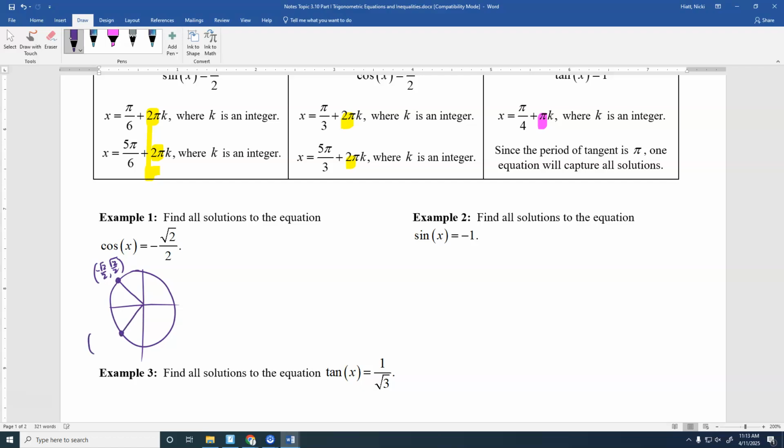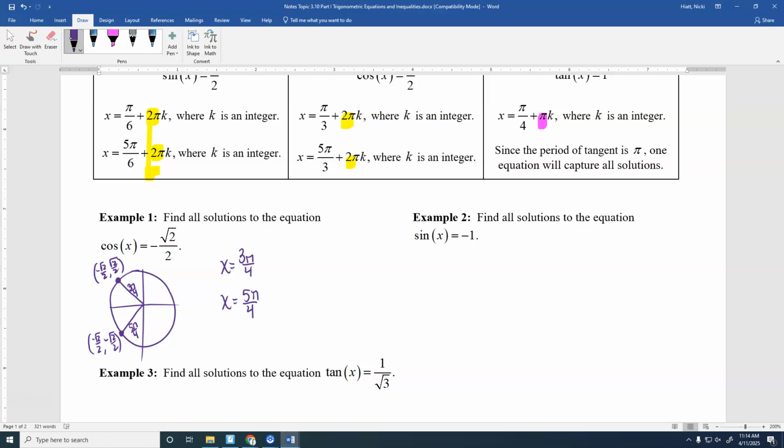You'll have negative root 2 over 2 and negative root 2 over 2 at those points. So this point is 3 pi over 4, so you get x equals 3 pi over 4. And this point right here is 5 pi over 4, so we get x equals 5 pi over 4.